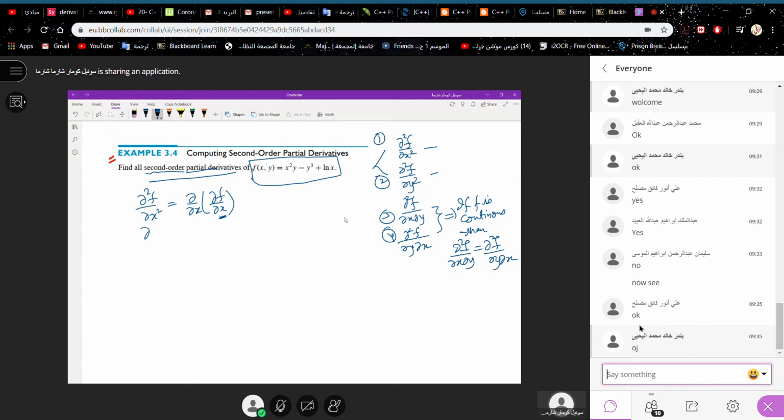So del f upon del x equals del upon del x of x square y minus y cube plus ln x.